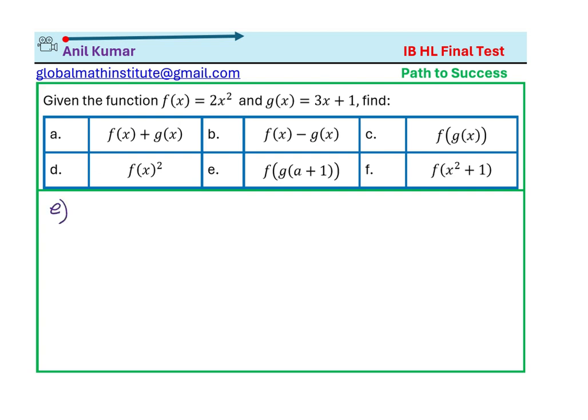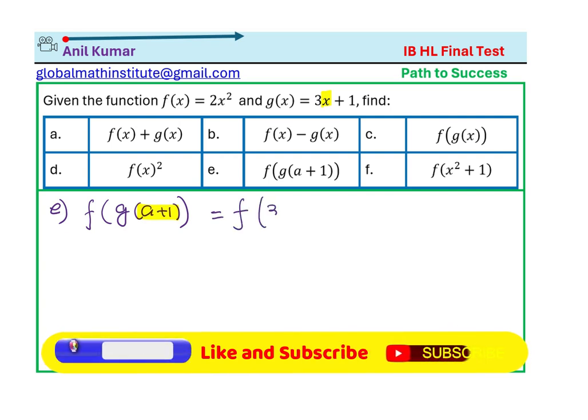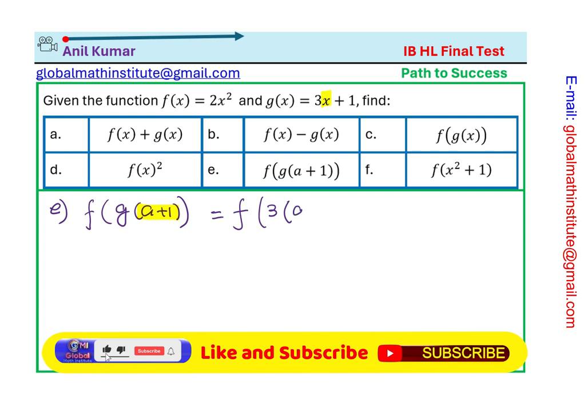E is f of g of a plus 1. So the argument for g is a plus 1. We are going to replace x in g of x with a plus 1 to move forward. So it becomes f of 3 times a plus 1, plus 1.